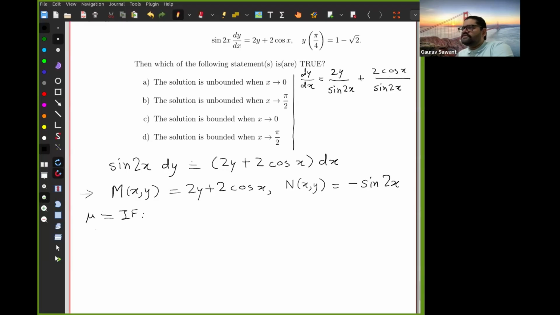Now sine 2x is 2 sine x cos x. Let's simplify it in this way. And I will have y equal to sine x cos x plus 2 over sine x. This may be slightly easier to handle, I guess.